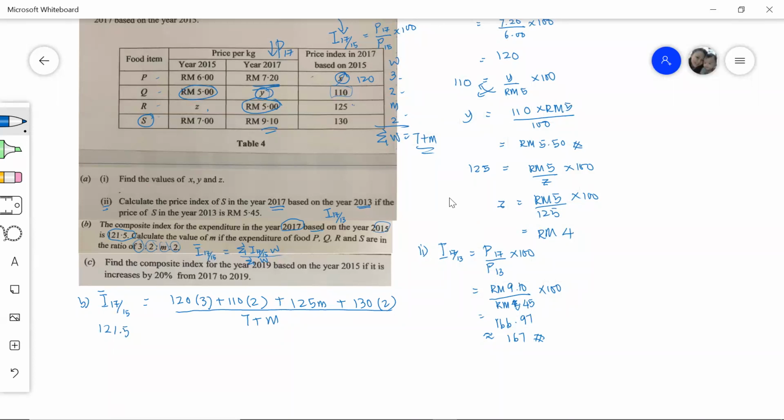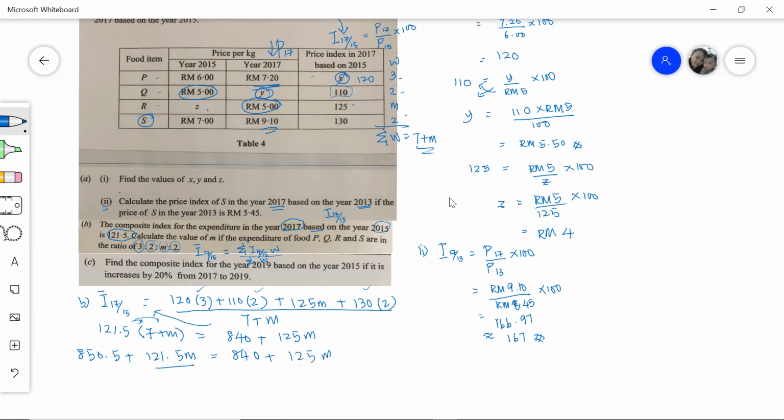So if we rearrange the equation, we will have 121.5 times 7 plus M, equivalent to, let's solve this using the calculator, 840 plus 125 M. Open up the bracket for this side, we will have 850.5 plus 121.5 M equivalent to 840 plus 125 M.